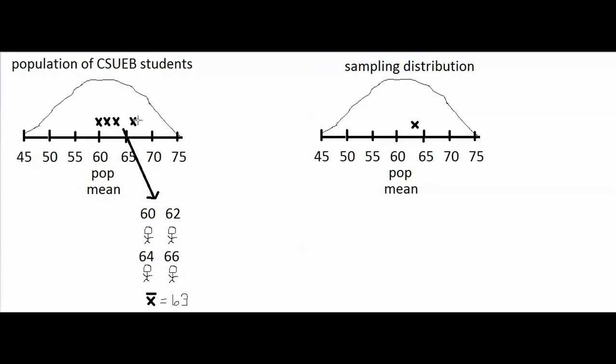So now let's imagine that I take a different sample of 4 people and record their heights. This time, I get one student who's 69 inches tall. I get one student who's 70 inches tall.